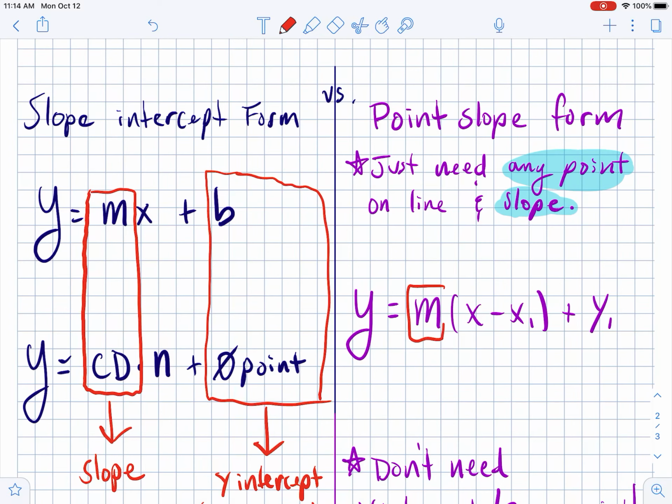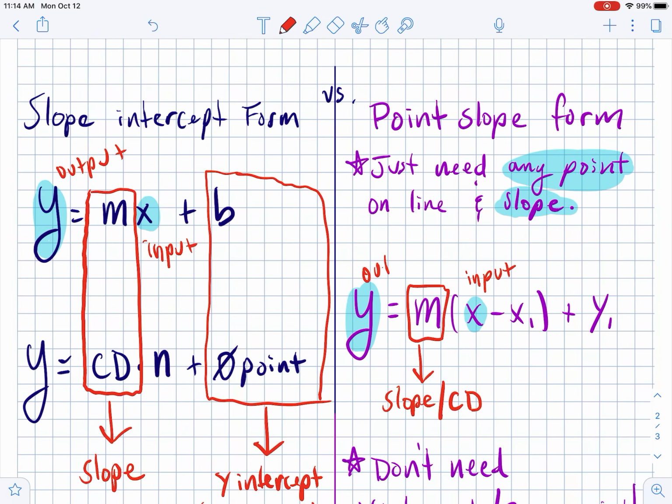Some commonalities: it still has m in it, your slope or common difference. This right here is your input, and this is your output.